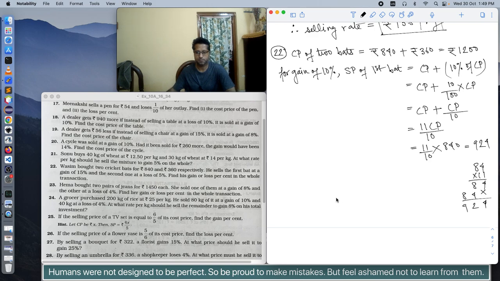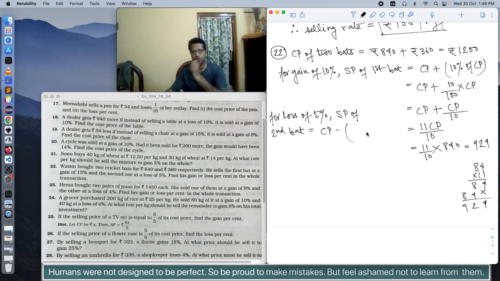So for a loss of 5%, the SP of the second bat will be equal to the cost price minus the loss, and the loss will be the loss percent, 5% of CP.